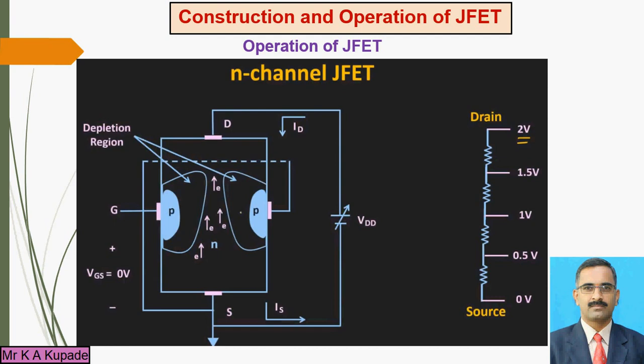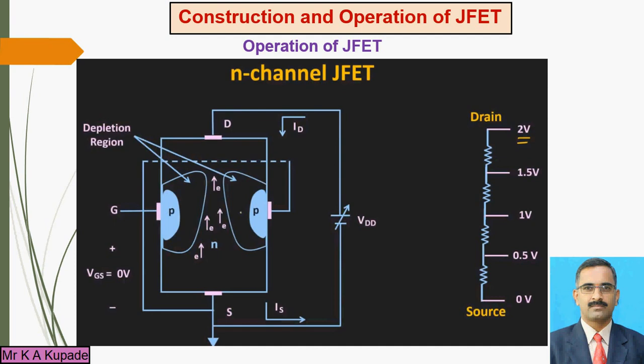When you apply voltage between the drain and source, the entire bar is divided into a number of resistors, with voltages such as 0.5, 1.5, 2, for example. Considering 2 volts, that means the entire resistance of the bar.